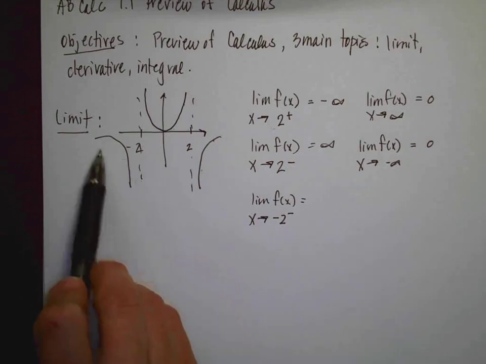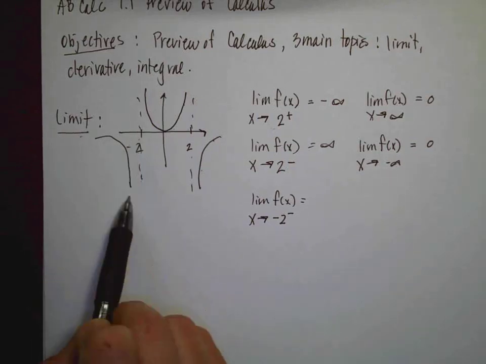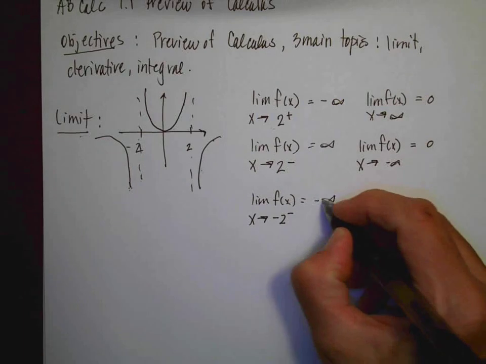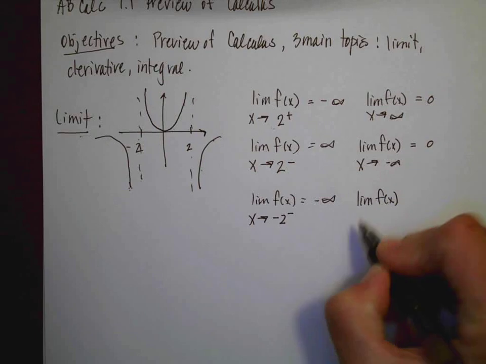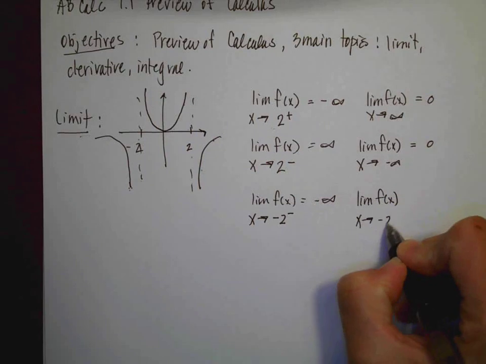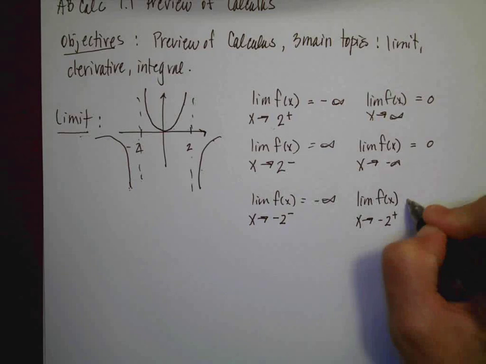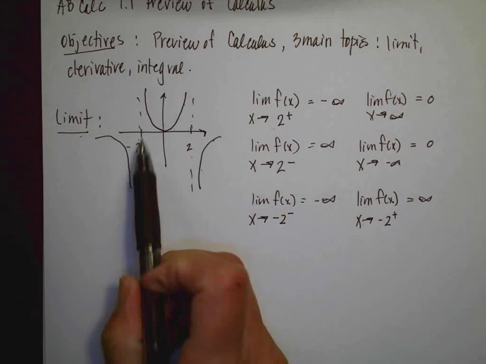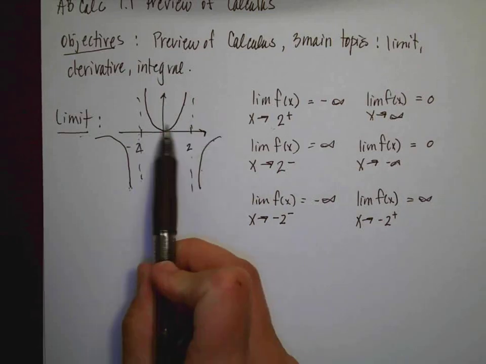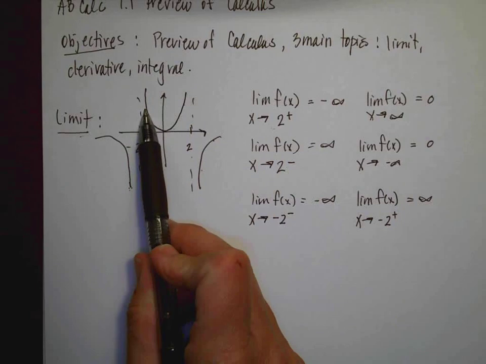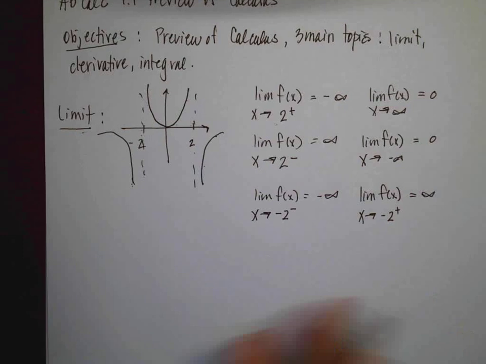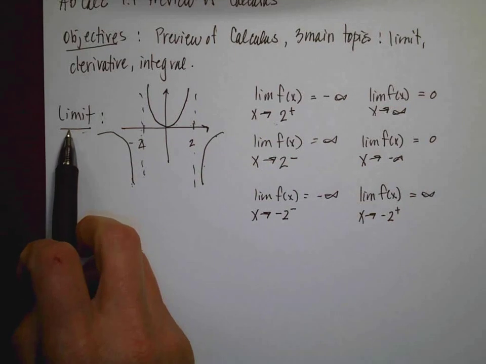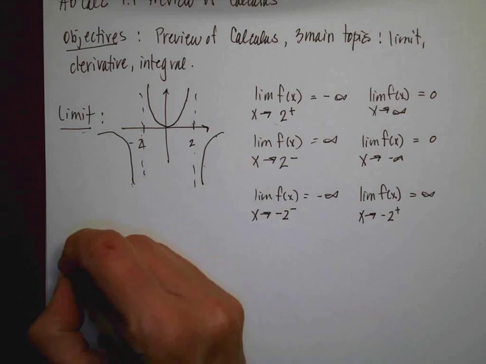Well, if I look at the function as x approaches negative 2 from the left, the function is approaching negative infinity. And then I'll do my last one, the limit of the function, as x approaches that asymptote now from the right-hand side, and it's going to approach positive infinity. So as I'm coming in from the right, the function is approaching positive infinity. So that's going to be the first thing that we talk about, the limit. And we will actually spend much of Chapter 1 working with limits.